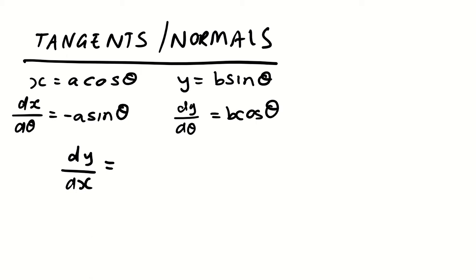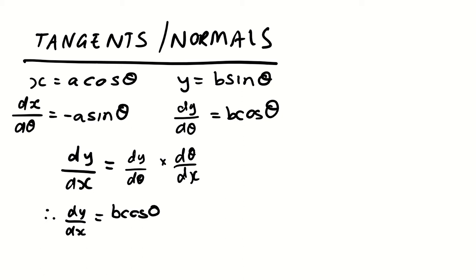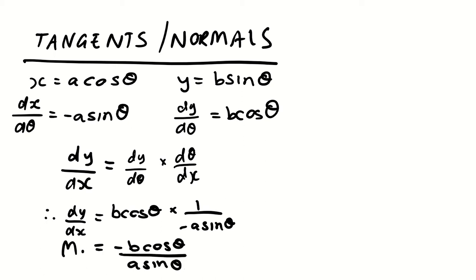So think about how I can get dy dx, and that's with my chain rule. If I take dy d theta and I multiply it by d theta on dx, which is just the reciprocal of dx on d theta, I would get it. So therefore my gradient function dy dx is just going to be b cos theta times by 1 over negative a sine theta, which is just going to give me negative b cos theta all on a sine theta. And there's my gradient of my tangent.